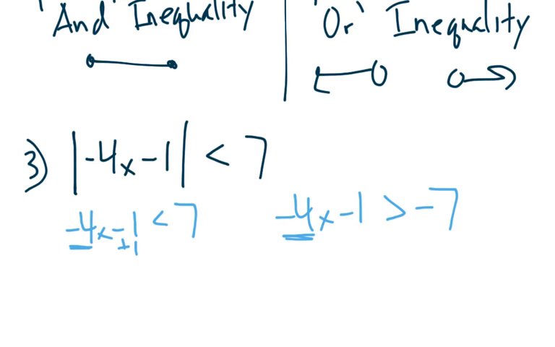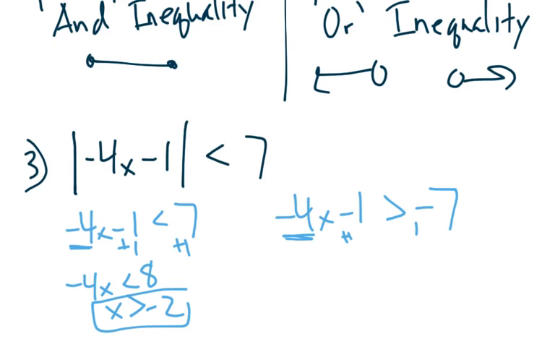So we could add 1 to both sides. We'll have negative 4x is less than 8. So x is greater than negative 2 when you divide by negative 4. Or add 1 to both sides. Negative 4x is greater than 6.